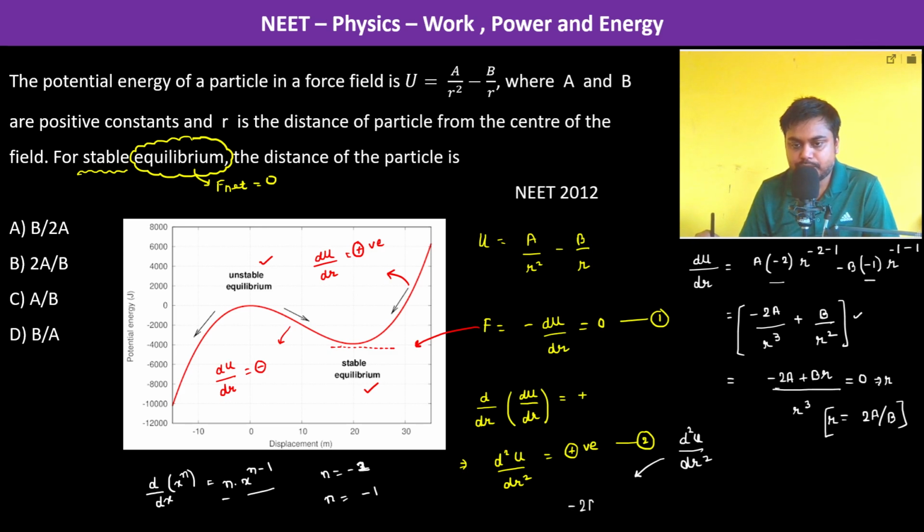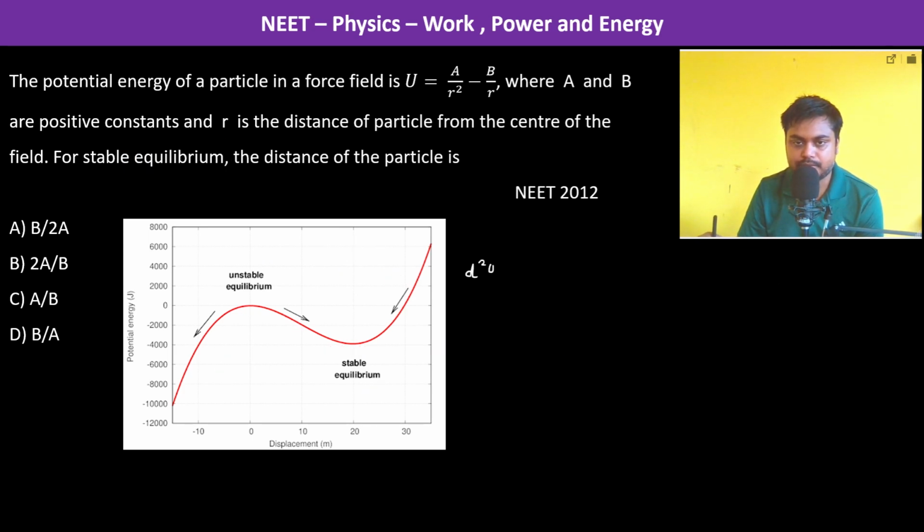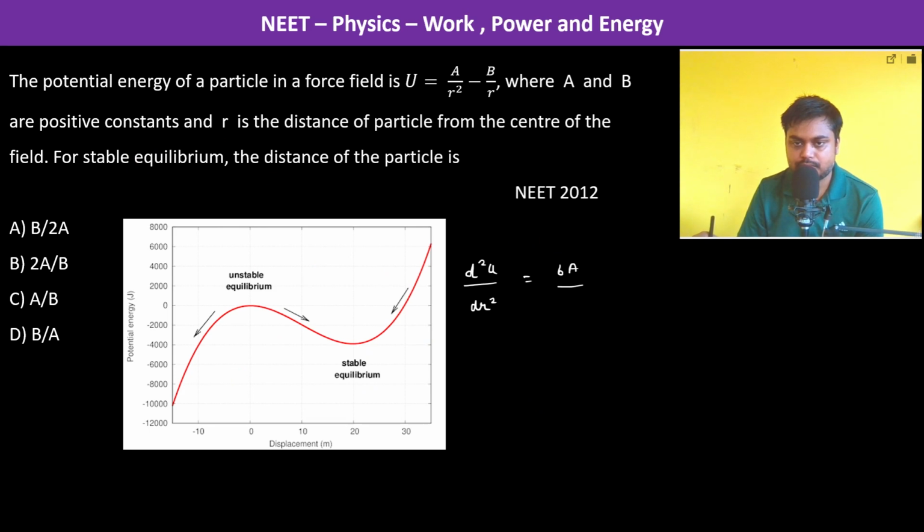It's minus 2A into minus 3 R to the power minus 3 minus 1, plus B into minus 2 R to the power minus 2 minus 1, which is equal to 6A divided by R to the power 4 minus 2B divided by R cube.